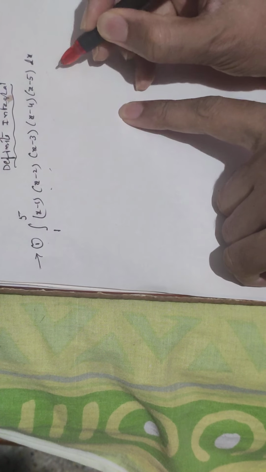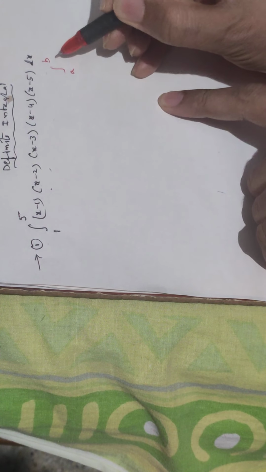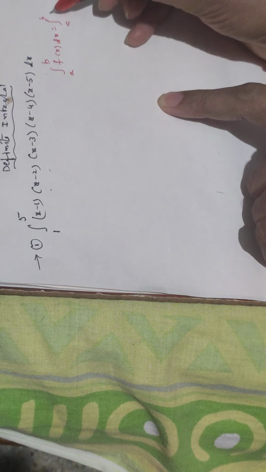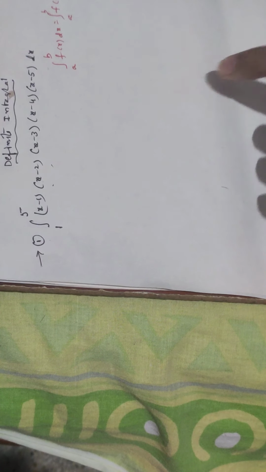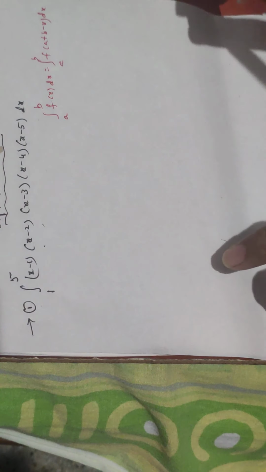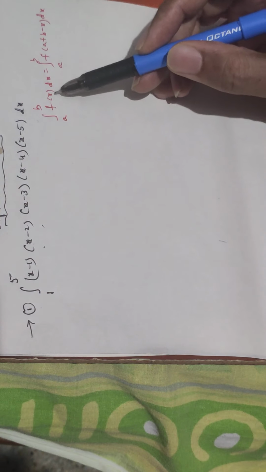We know one property: integral a to b f of x dx is the same as integral a to b f of (a plus b minus x) dx. These two integrals are both the same. That means in the place of x you can write a plus b minus x, then the value of the integral is unaltered.